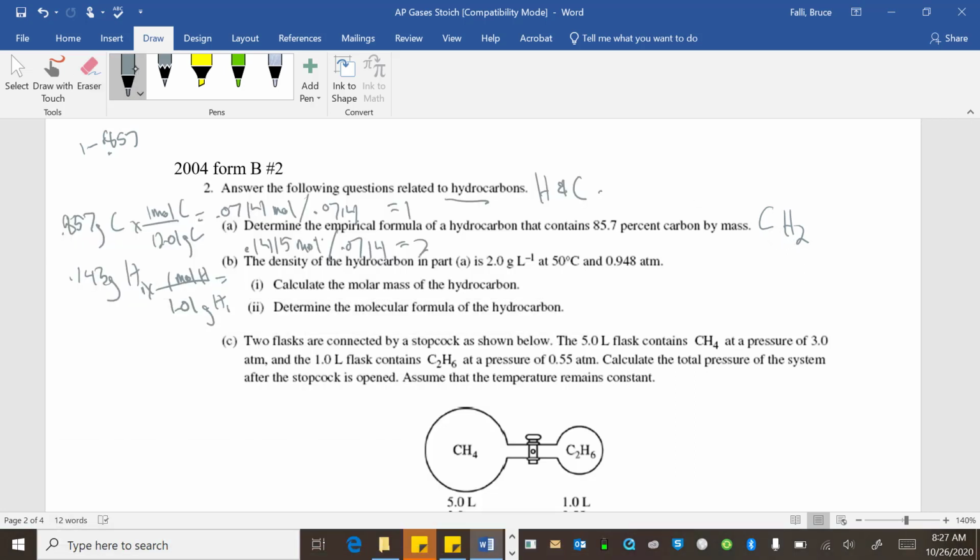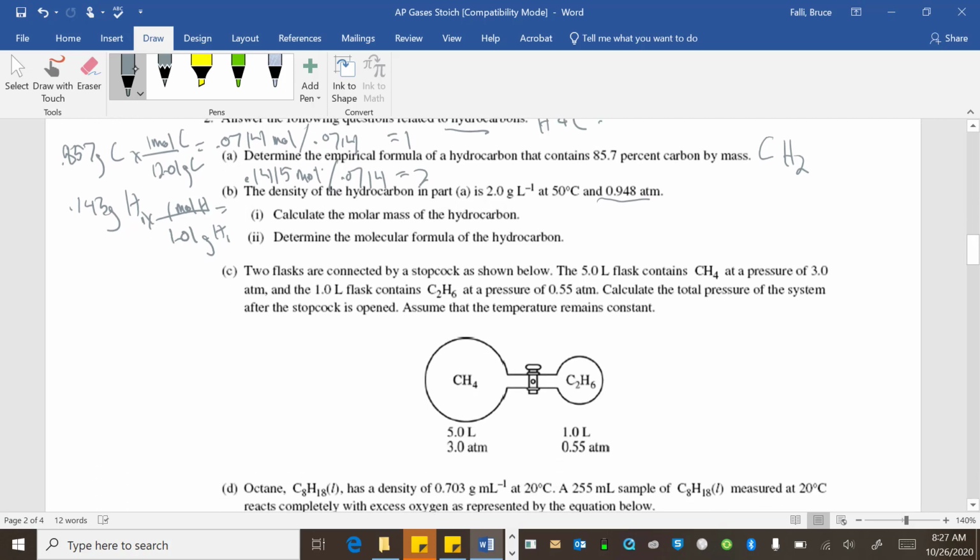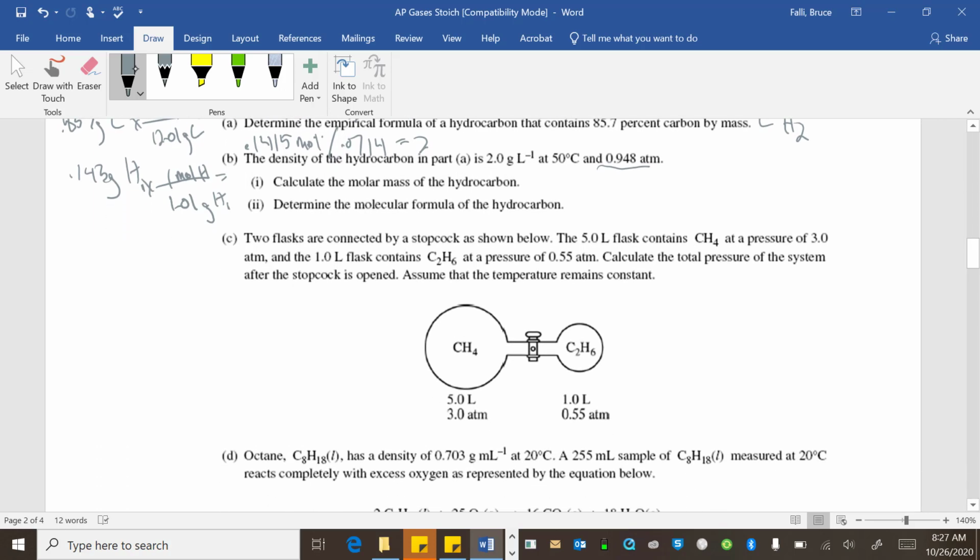The density of the hydrocarbon in part A is 2 grams per liter at, okay, now here, because they gave us a pressure, that tells us it's a gas. Otherwise you're not 100% sure what it's going to be. So let me show you how we get that equation. PV equals nRT, big surprise. PV equals mass RT over molar mass.